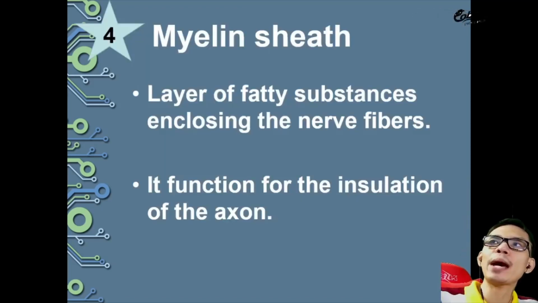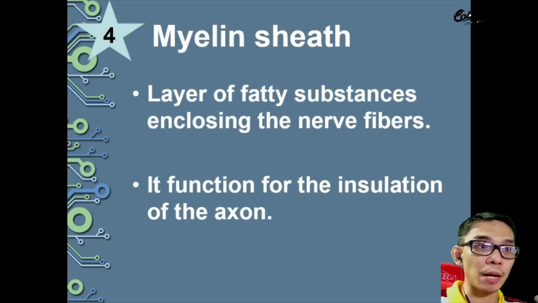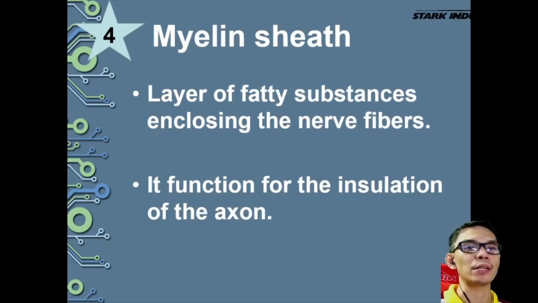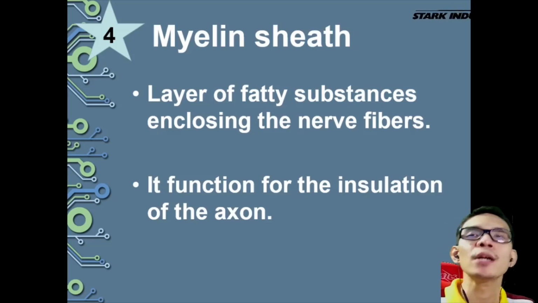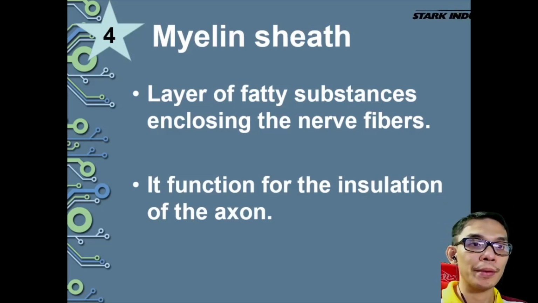Next we have the myelin sheath. The myelin sheath is a fatty substance that encloses the axon, enclosing the nerve fibers, the axon to be very particular. The function of the myelin sheath is insulation. So why do we need to insulate this one?